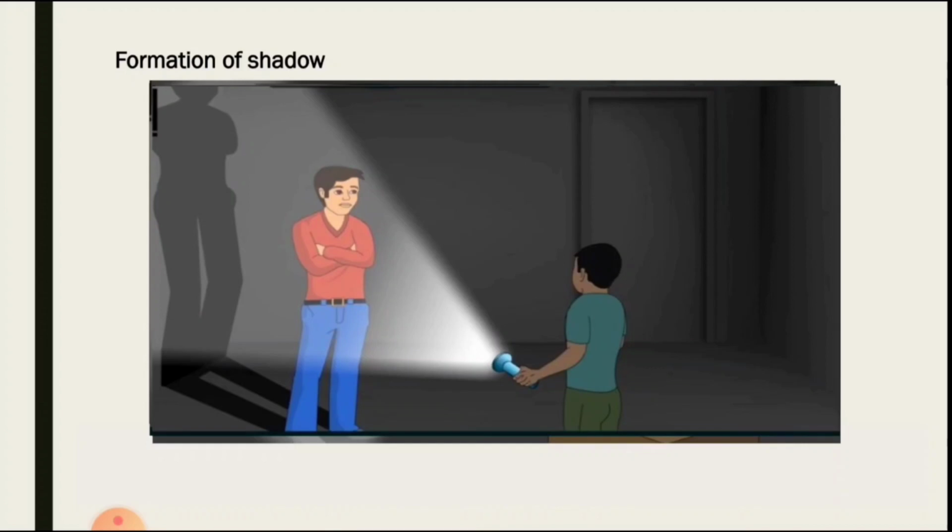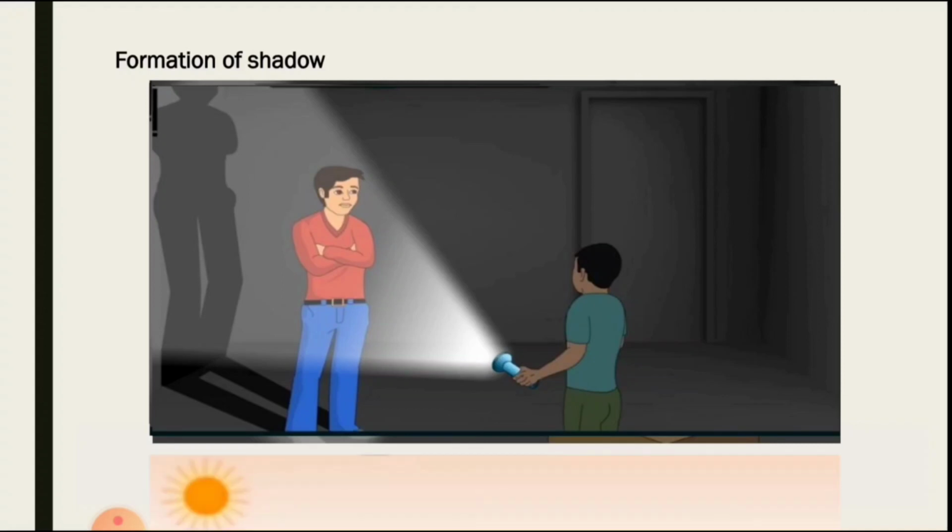Now the shadow. How is this shadow formed? The shadow is formed when the light does not pass through an object. The kind of shadow it forms depends upon the relative distance between the source of light, the object and the surface or the screen on which the shadow is formed.